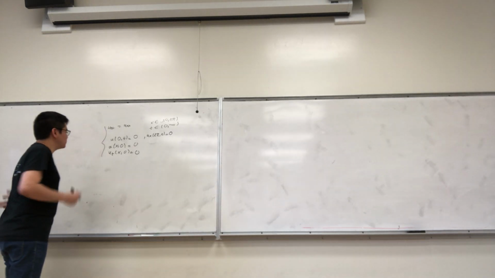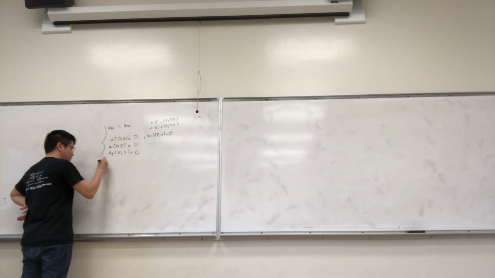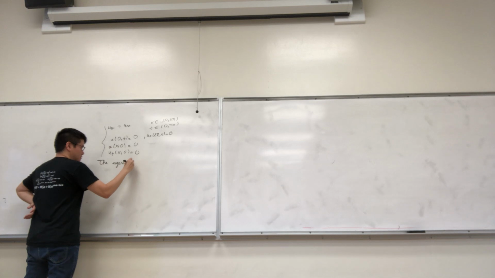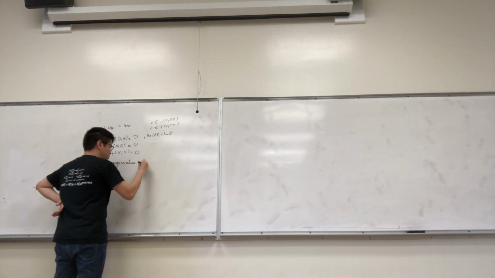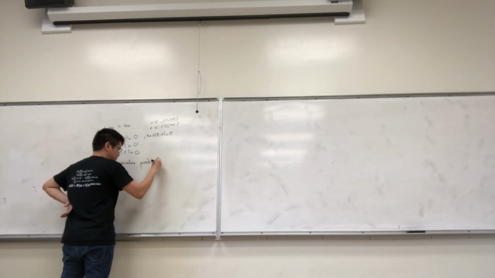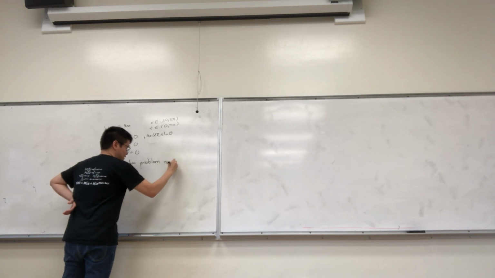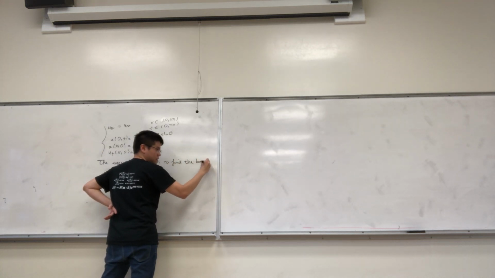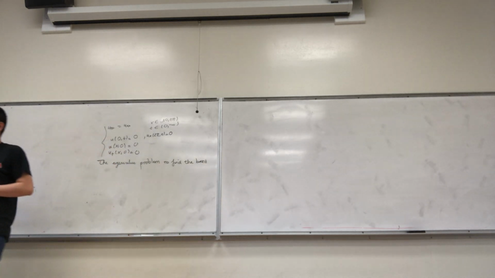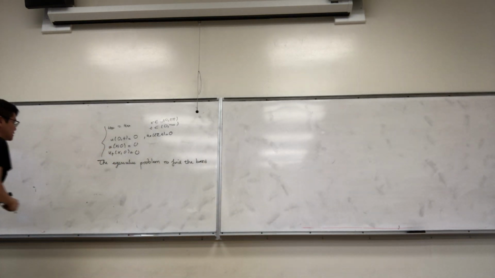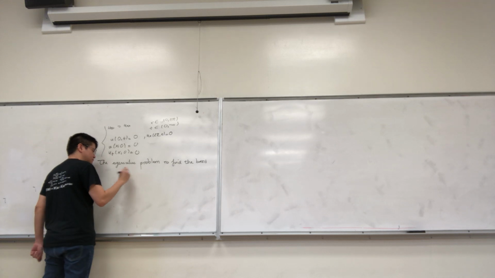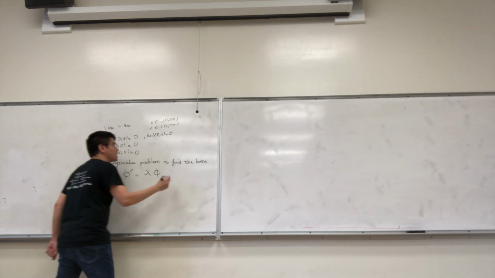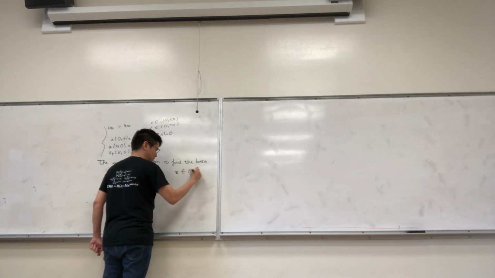So let us continue with this problem. The eigenvalue problem that defines the basis is phi double prime equals lambda phi, when x is in 0 to 2 pi.